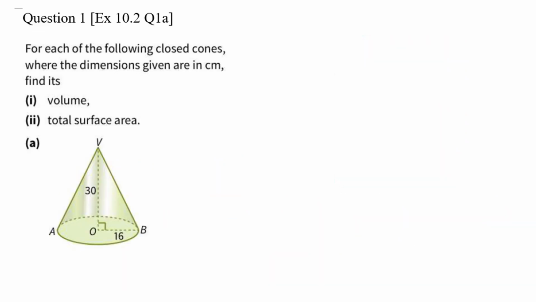Right, let's look at the next question from exercise 10.2. In this case, we are solving a problem involving volume of a cone. So the formula to find volume of a cone is still 1/3, except that if you look at the cone carefully, the base is a circle.